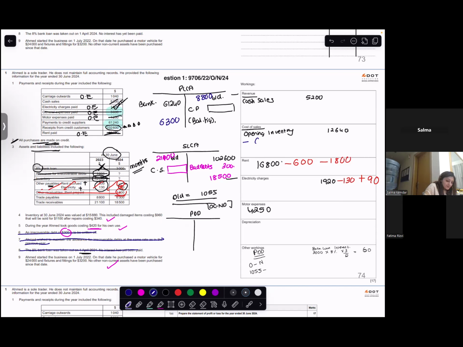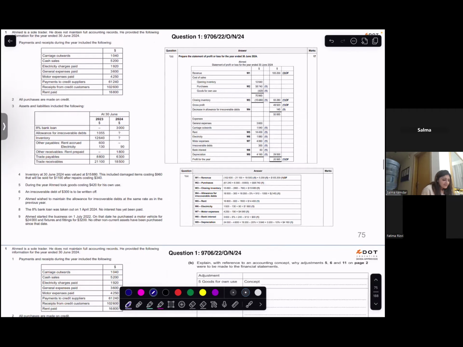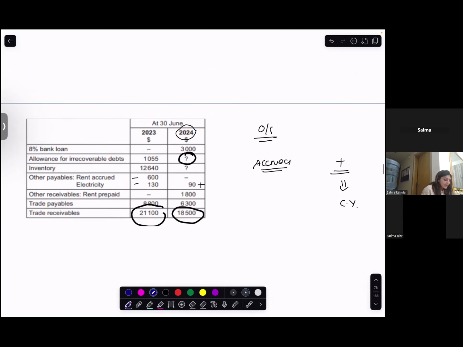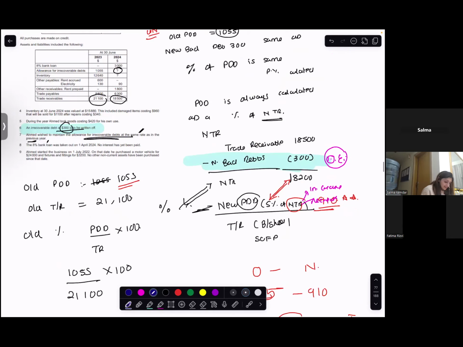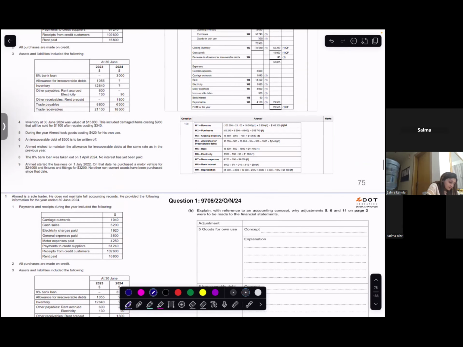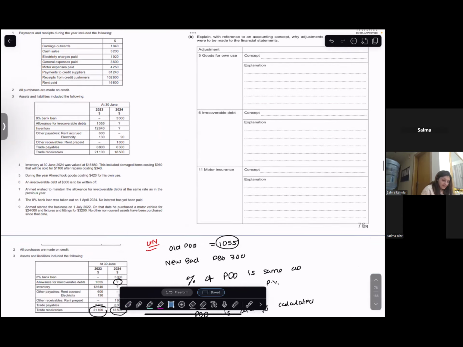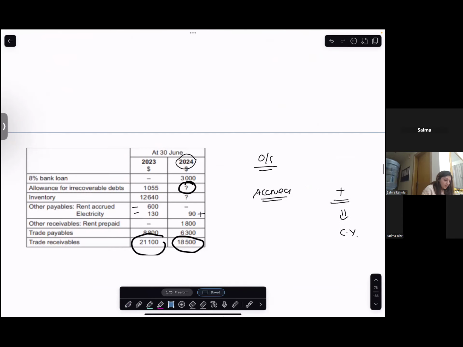So I'm minusing goods for own use. 420. Now what I'm left with is adjustment number 1 and adjustment number 4 and adjustment number 9. I hope you're with me.